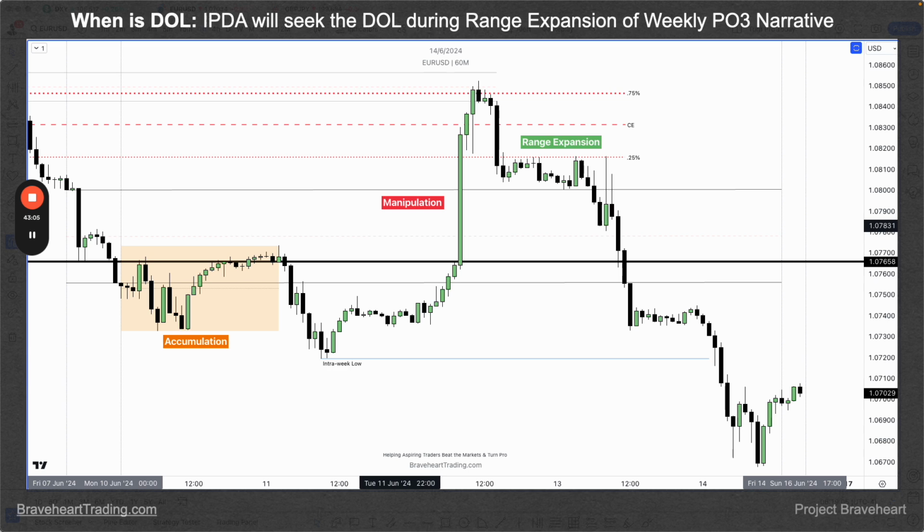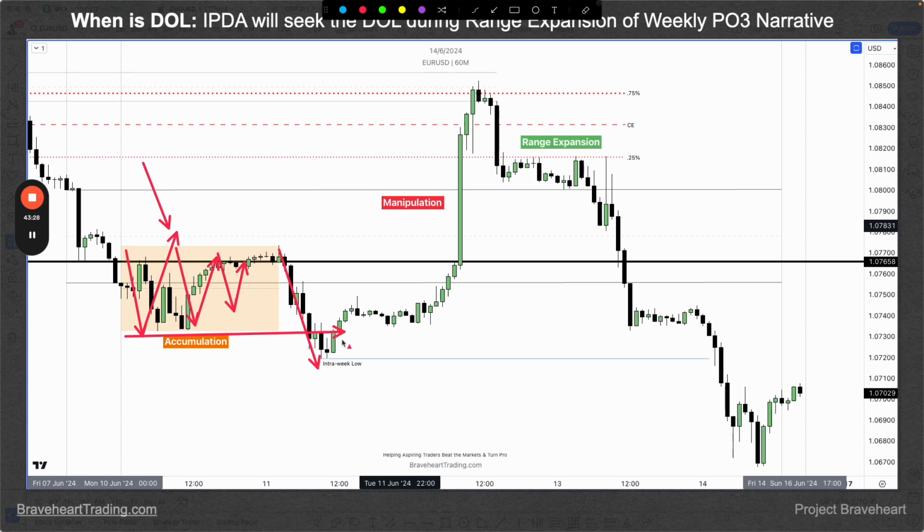So when do we anticipate the drawn liquidity? So IBDA will seek the drawn liquidity during the range expansion part of the weekly Power 3 narrative. Okay, so you can see here, earlier week, we start off with a consolidation. It does so at fair value. And then induces shorts in the market.